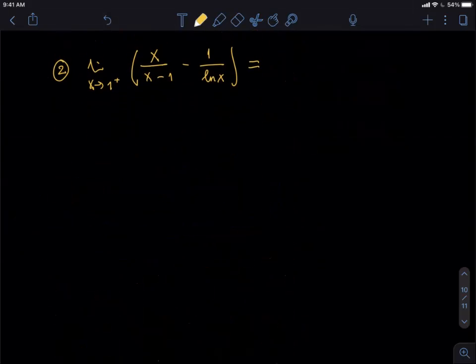Number 2, we have the limit as x tends to 1 from the right of x over x minus 1 minus 1 over logarithm of x.